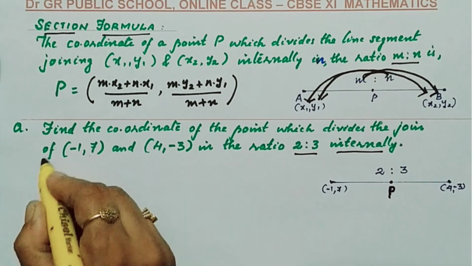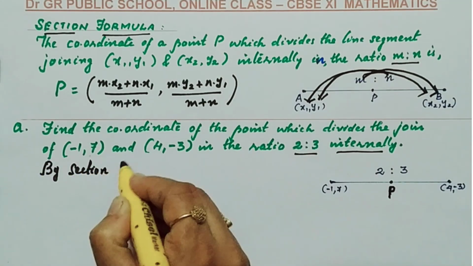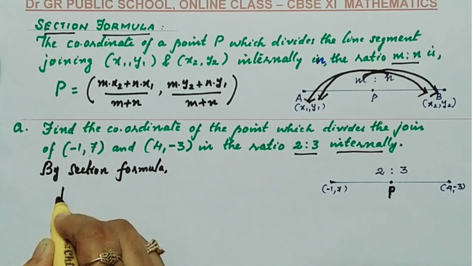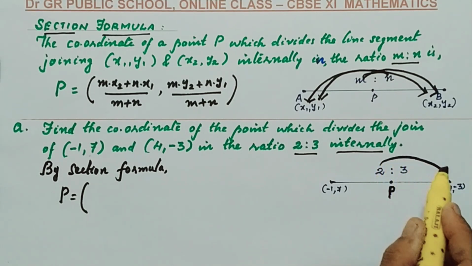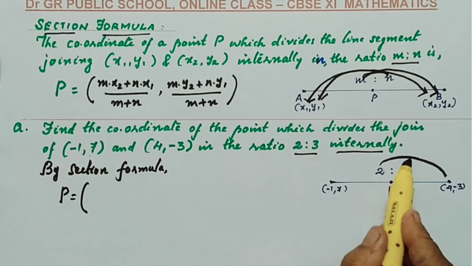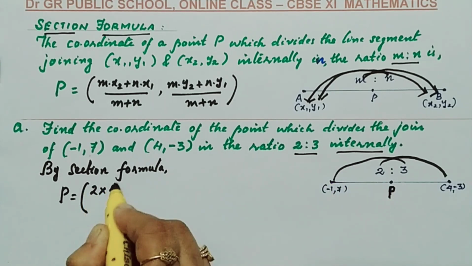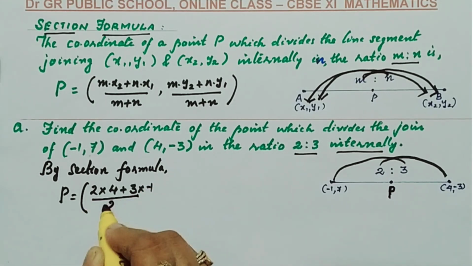By section formula we have the point P equals, at first we can write the x coordinate: 2 into 4 plus 3 into minus 1 divided by 2 plus 3.